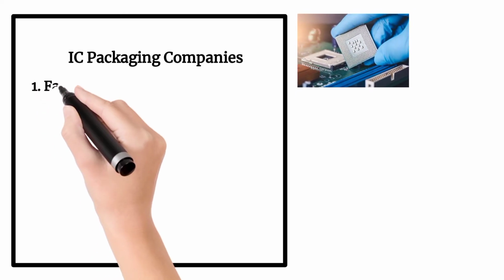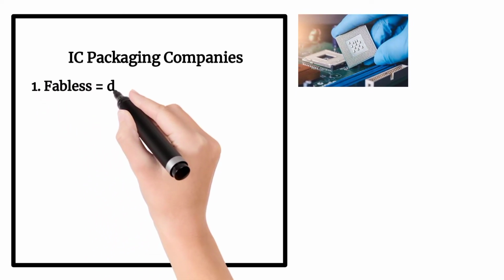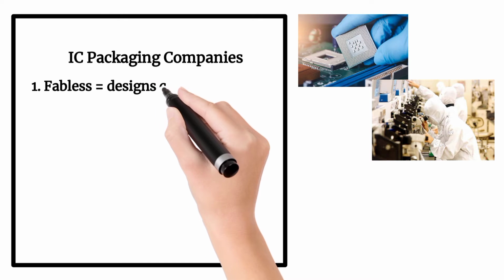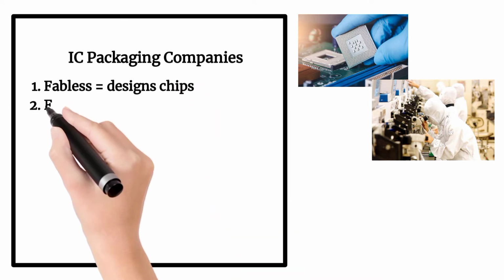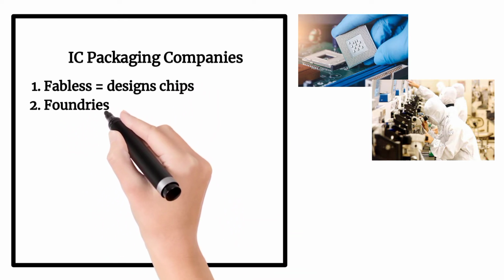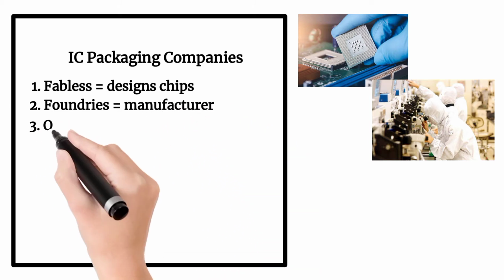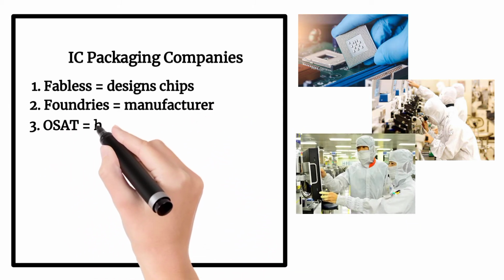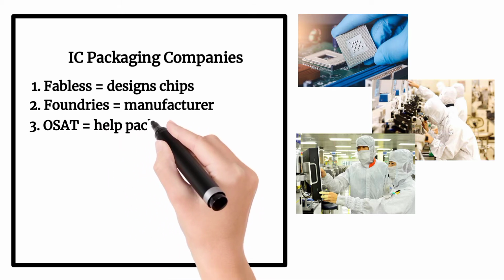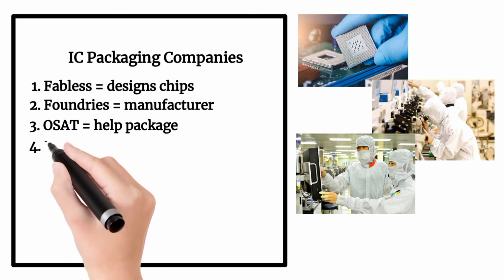Let's start off with those companies who are responsible in this packaging industry. We have the fabless, which designs chips. Then we have the foundries, which manufactures those chips designed by fabless, but later on, they started the packaging. We also have the outsourced semiconductor assembly and testing, short for OSAT, which also help in packaging.